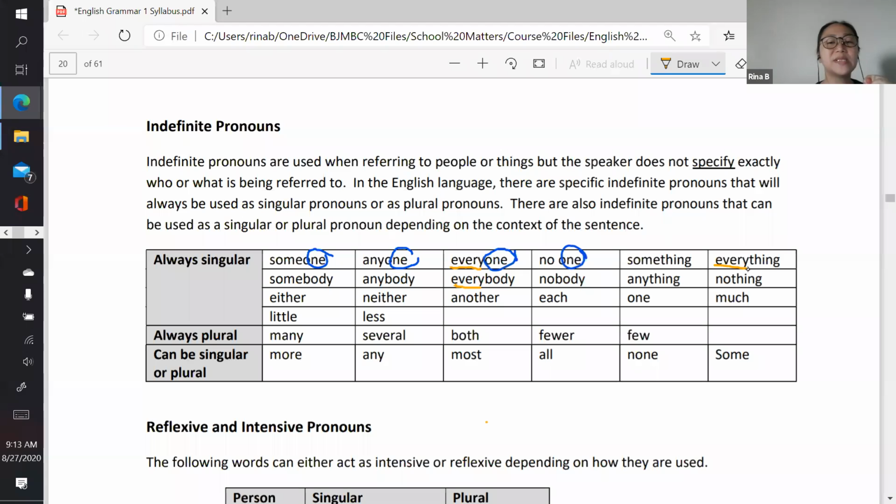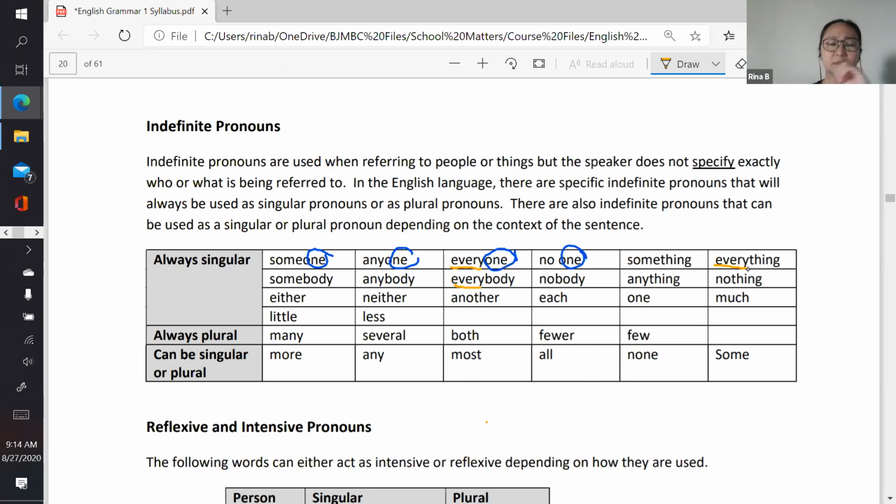That's why when we say everyone, you do not say everyone are welcome. You say everyone is welcome, because what you're really saying is each and every person is welcome.